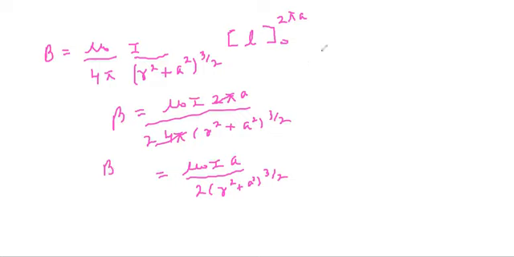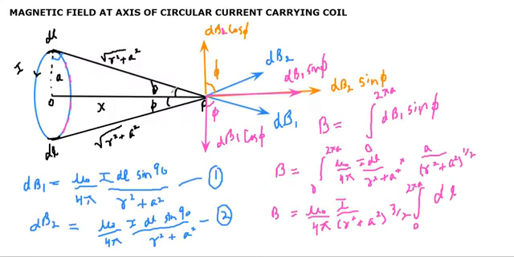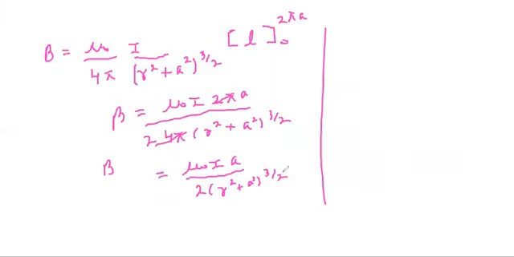Now there can be some cases also. For example, if you want to find the magnetic field at the surface of that coil, not here, you want to find the magnetic field here. So the value of x in this case becomes a.